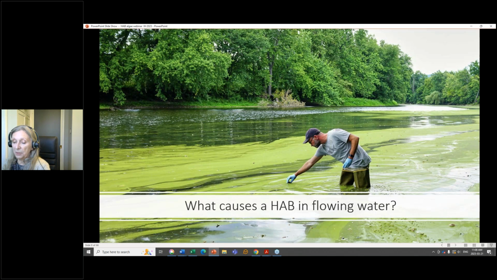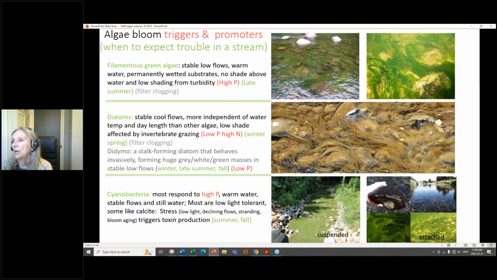So what makes a bloom happen? These slides are intentionally kind of squished together so that you'll be able to see the difference between the various images. So starting at the top, when do you expect, if you're going to have a cyanobacteria bloom in a stream or another harmful algae bloom, when is that going to occur?